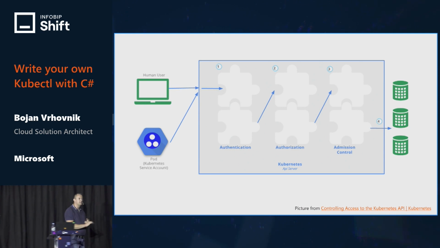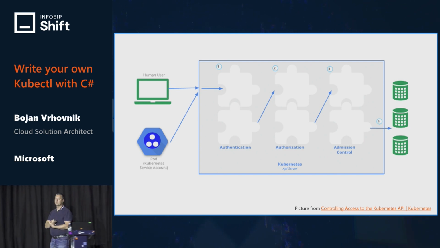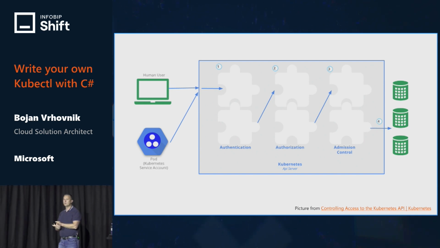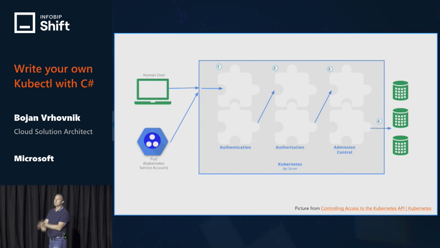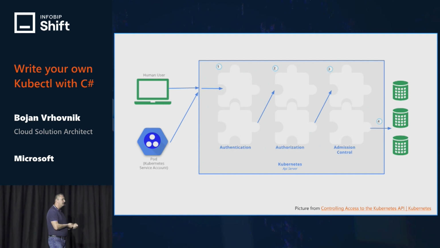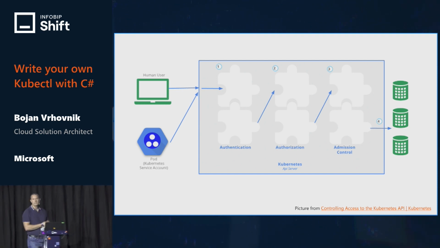You can use client certificates, a bootstrap token, a single token, a JSON Web Token, OpenID, or webhooks, which is really nice if you have, for example, Azure Active Directory or some other OAuth provider that does the authentication for you. In that case, you can use webhook authentication, and that will be done for you.